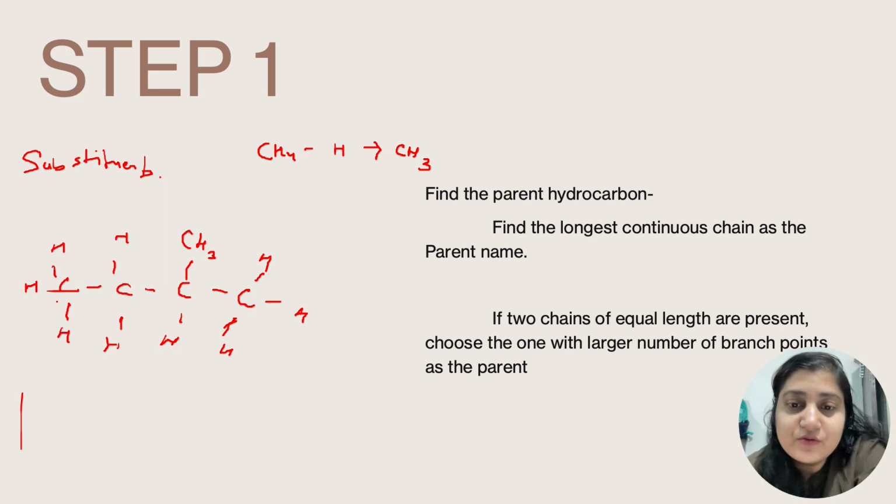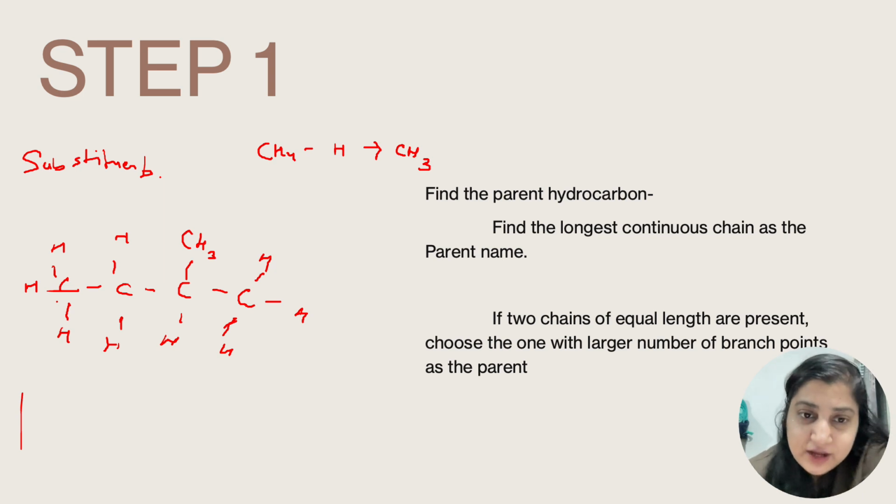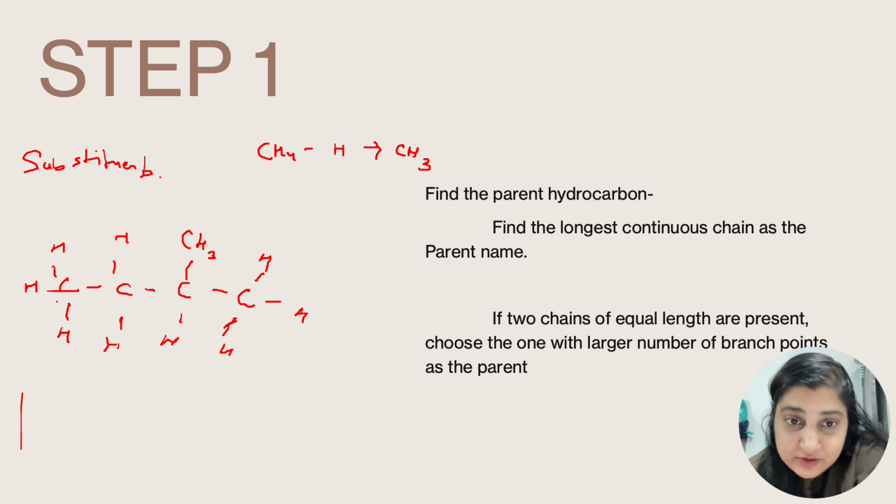Now we need to first find the longest continuous chain. Let's calculate which is the longest chain. We have to consider the branches as well, because sometimes that gives the longest chain. Only the longest chain will be the main continuous parent name, that is meth, eth, prop, but, anything. So let's start from the left hand side. 1 2 3, if we take this, 4.